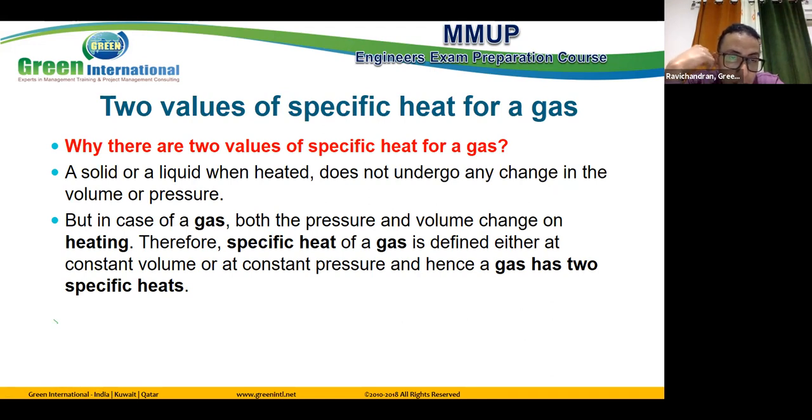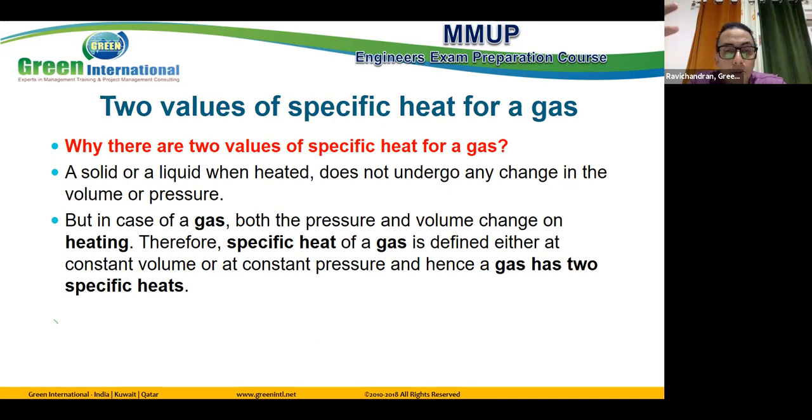Another thing: we have two values for specific heats in gases, but we only have one specific heat for solids and liquids. Why? If you remember the pressure and volume relation, in the case of gases, when you change the pressure, the volume will change.